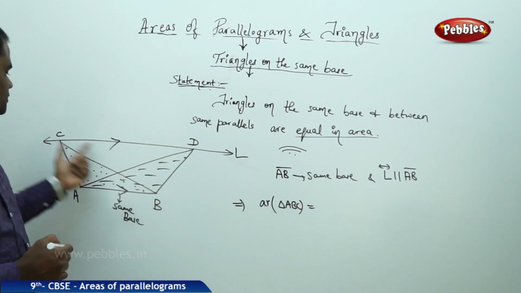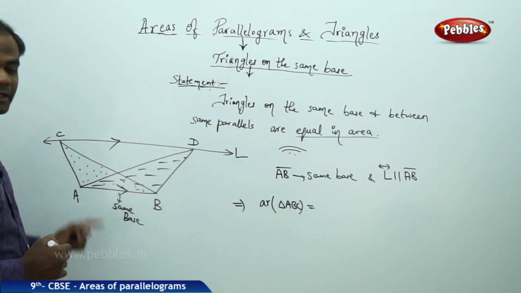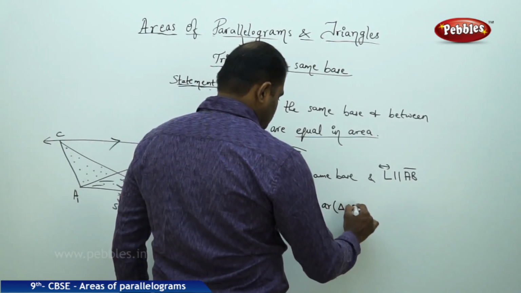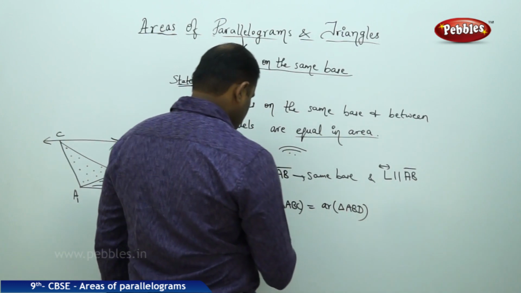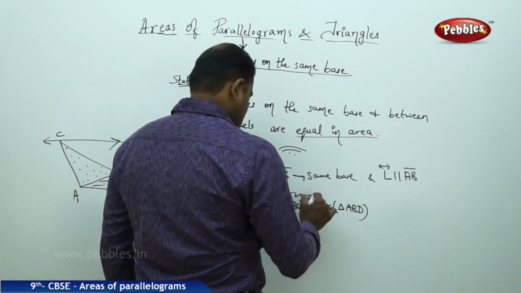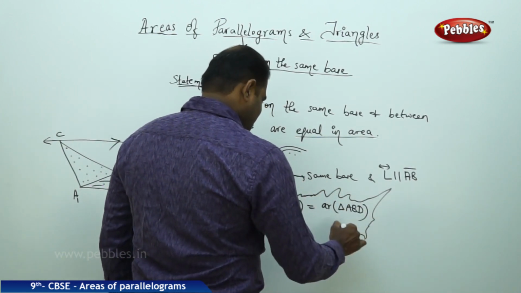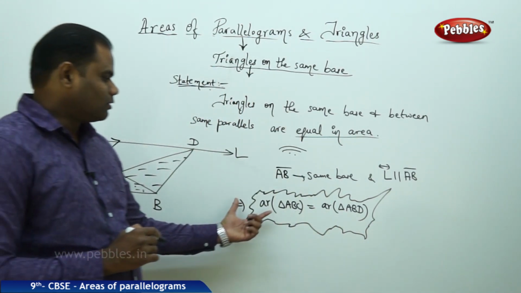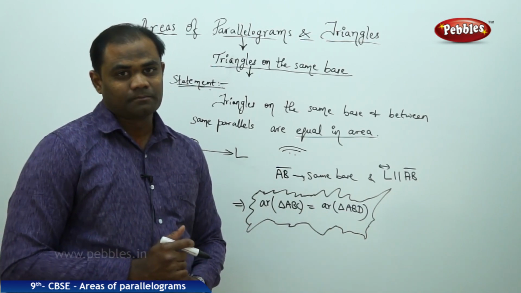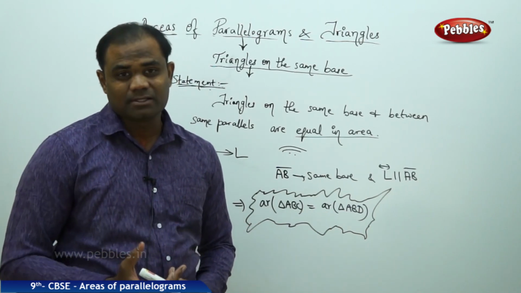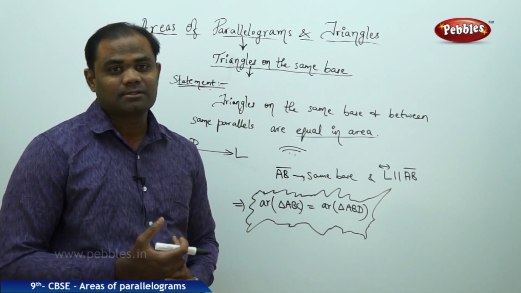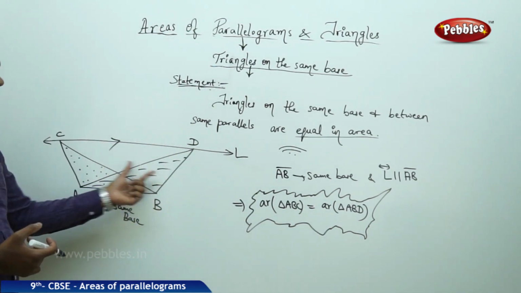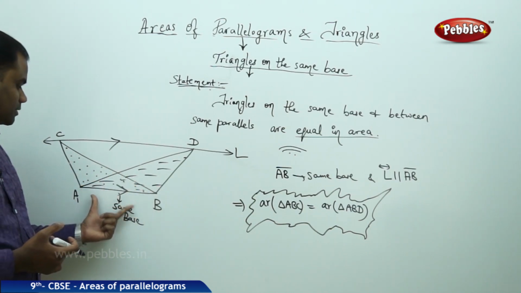The area of the first triangle must be equal to area of the second triangle. Is how we understand the area of two triangles being equal when they are on the same base and between the same parallels. Is how we understand the property of two triangles with the same areas between same base and between same parallel lines.